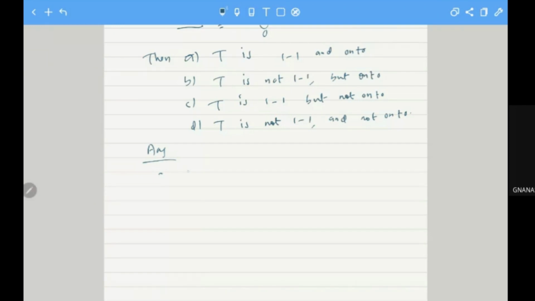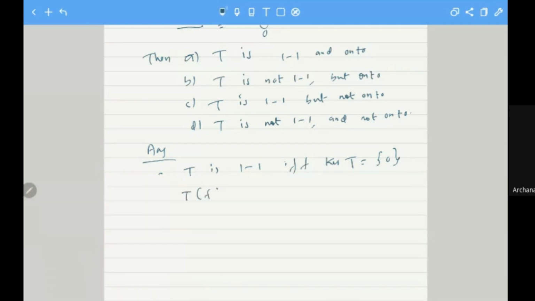So when we say T is 1-1, if and only if kernel of T is equal to 0. Kernel of T is just the set of all f with T of f equal to 0 should imply f equal to 0. Then you say T is 1-1, right?